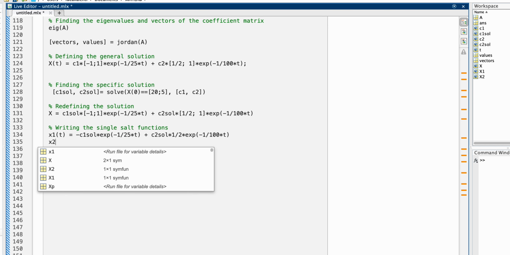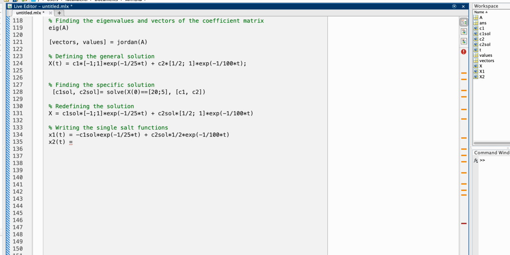And now for x sub 2 of t, that's the amount of salt in tank B. That's going to be C1 sol times 1, remember that C1 sol is the solution to this. We could write just the solution of that, but this way is better because we could have a code that we could change the numbers and still have something useful.